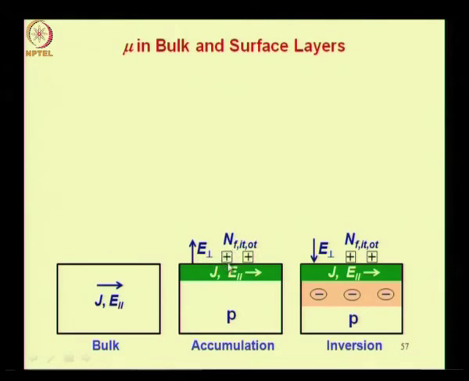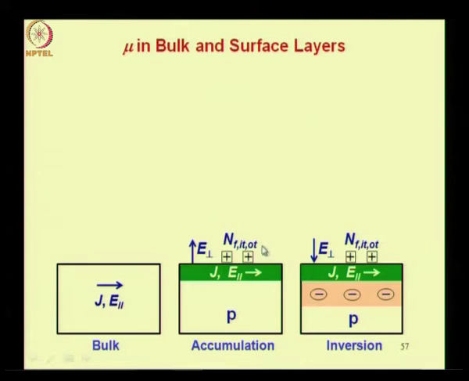The boundary around the positive sign shows that this charge is fixed. Here we have assumed that this region is silicon dioxide, but in general the fixed charge could be negative also for some other insulators. Then you have N suffix it, that is interface trapped charge. These are charges trapped at the interface, and you have N suffix ot, that is oxide trapped charge. So you have some charges trapped in the silicon dioxide layer here.